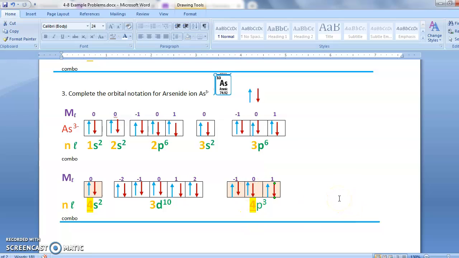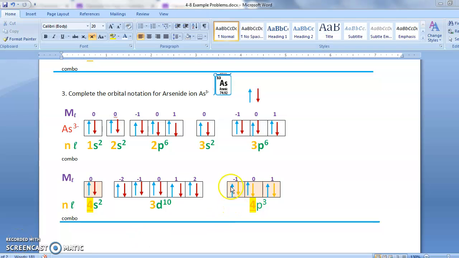So we're now beginning to see that one great thing about orbital notation is we can see that the arsenide ion is able to fill. When we fill the arsenide ion, we end up with that P being full. Now, very often when we do this, we'll want to put the additional electrons that were added in a different color.